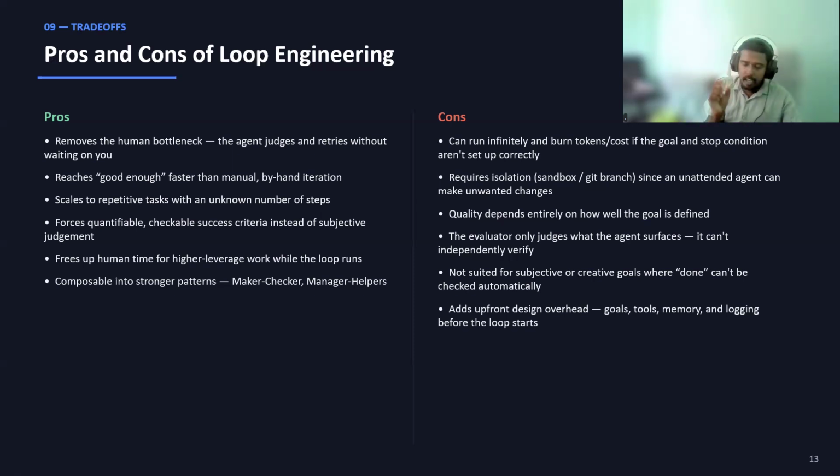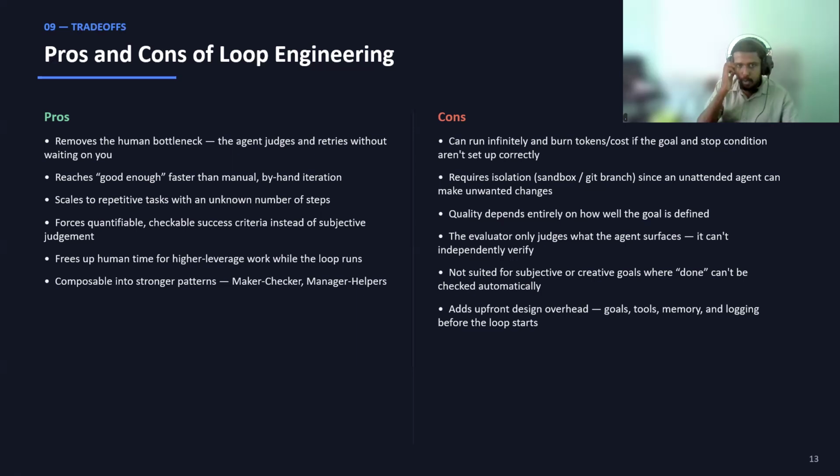Loops are clearly better to apply whether the number of steps to reach the ultimate end result is unknown. And as the human is replaced by the agent, human time is saved.